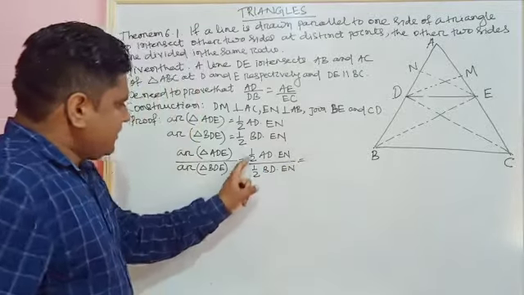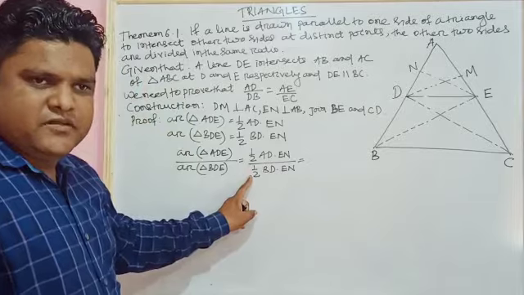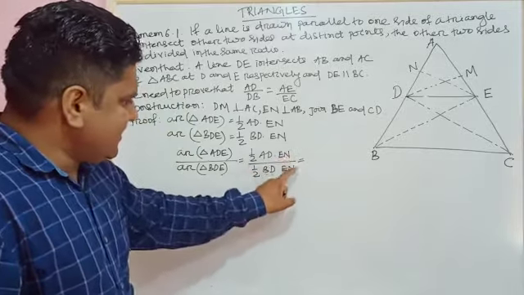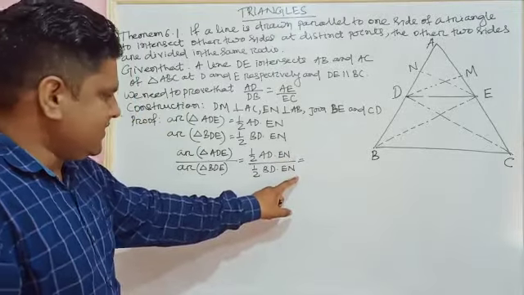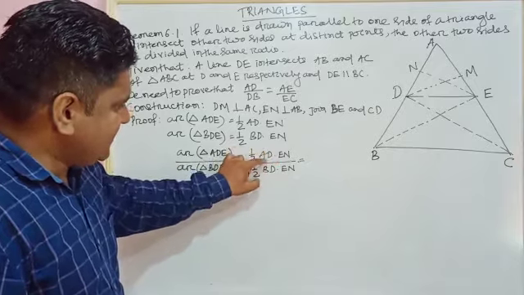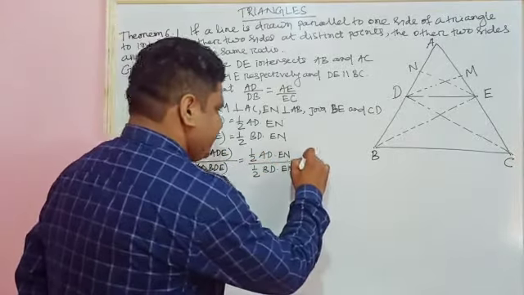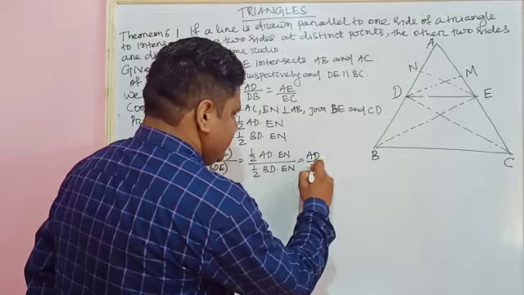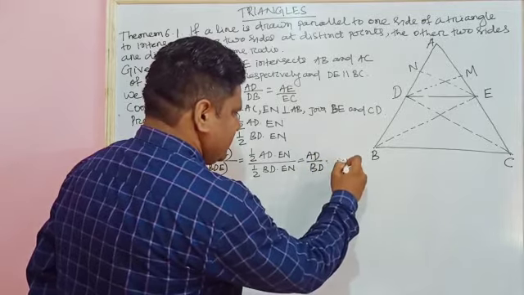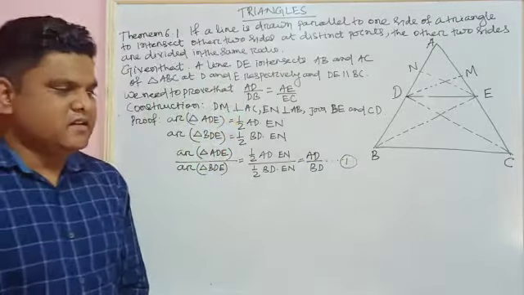Half and half cancel from numerator and denominator. EN and EN also cancel. The remaining part is AD by BD. So let it be equation 1.